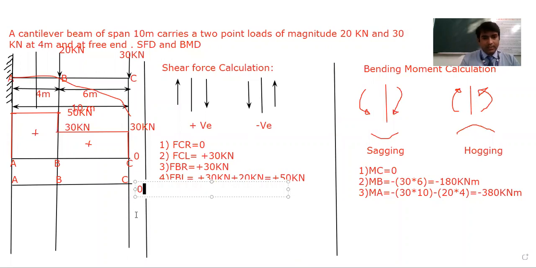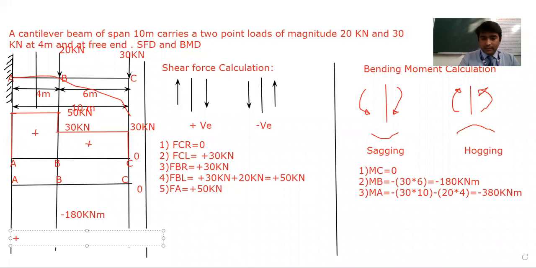Now bending moment at B point is minus 180 kilonewton meter. Correct. And the third one, bending moment at A point, is minus 380 kilonewton meter. Now we will just join these lines.